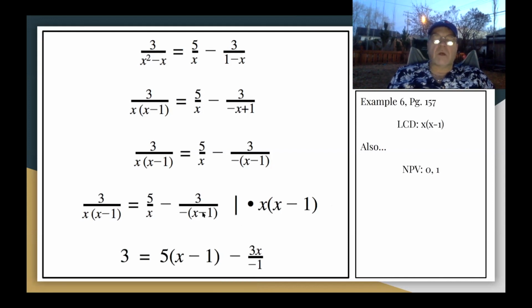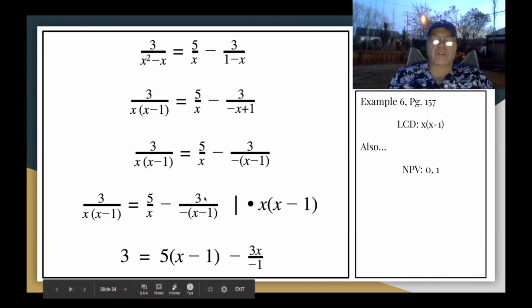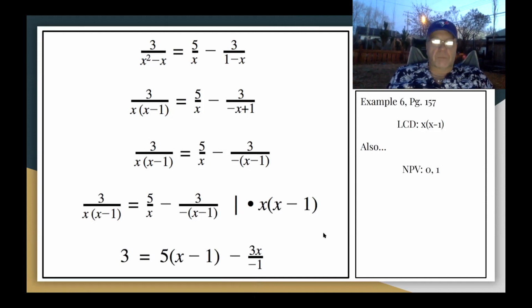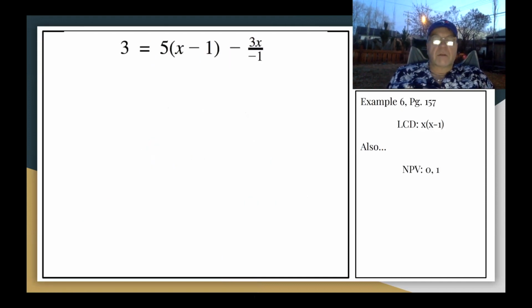And we will be left with 3x on the top and negative 1 on the bottom, right? Because we had that negative still we have to account for. Cool. All right. So that's what we have. This whole mess, minus negative 3x over 1.